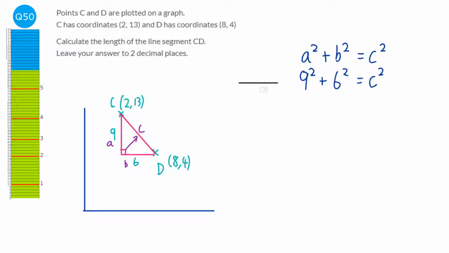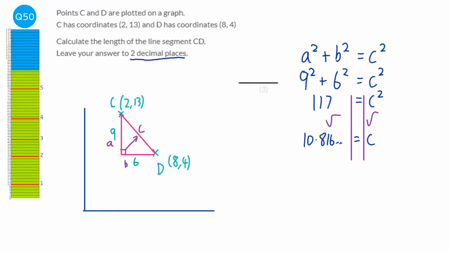And so when you do that, you get 117. Then we're going to just quickly solve it by square rooting both sides. And so we're going to square root 117, which is 10.816 and so on. And it says it wants 2 decimal places, so our answer will be 10.82.